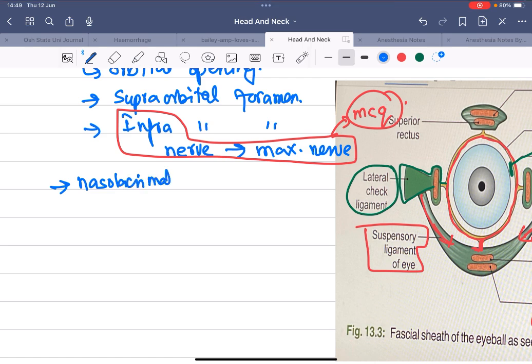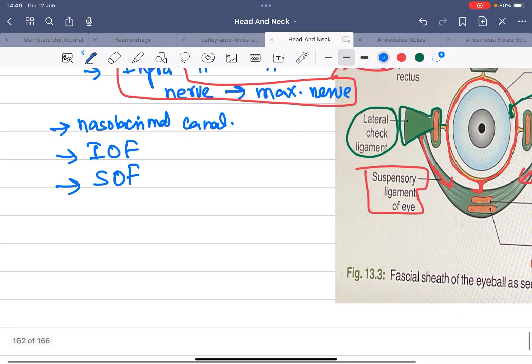Nasolacrimal canal. Then you have the infraorbital fissure, superior orbital fissure, and optic canal. They are very, very important structures. Infraorbital fissure, please remember, it transmits the maxillary nerve, zygomatic branches, sympathetic nerves, and inferior ophthalmic veins.